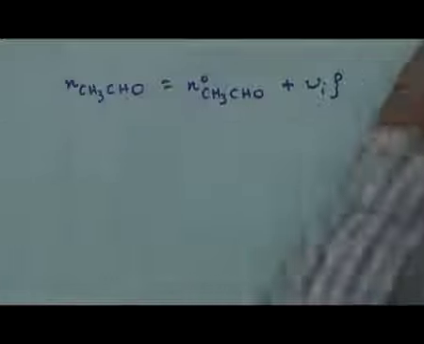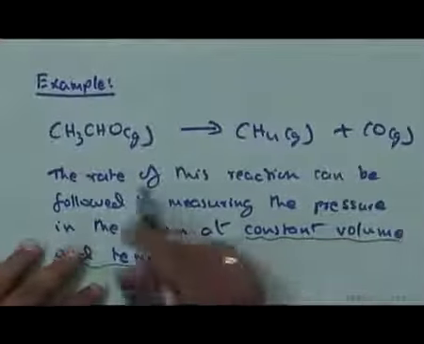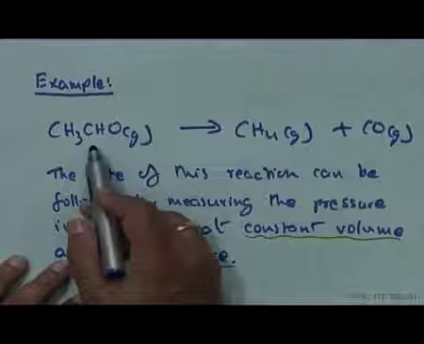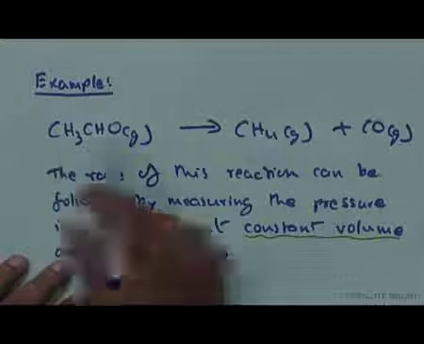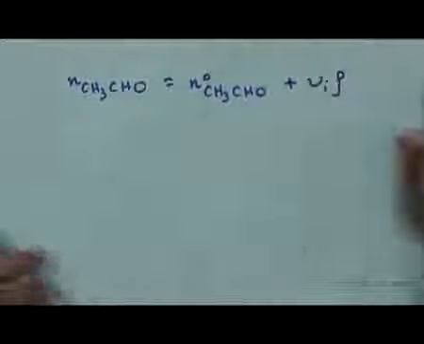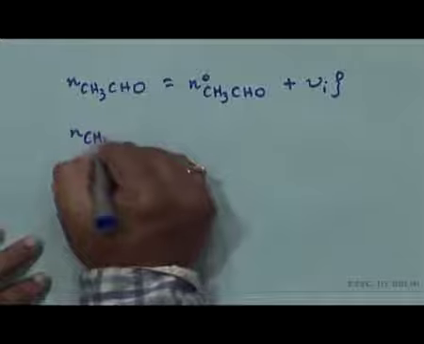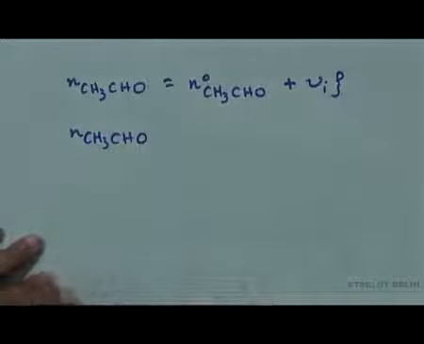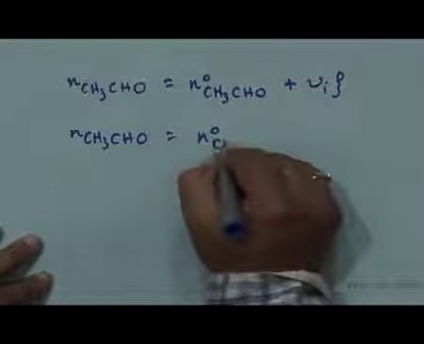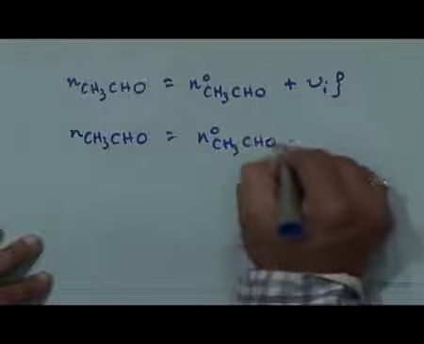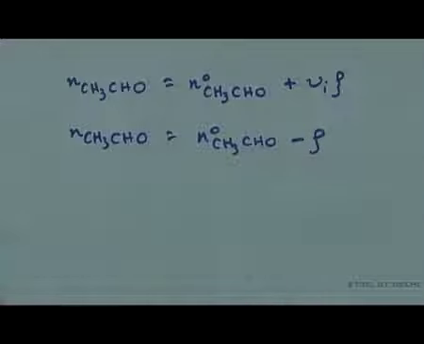The value of nu i you saw from the previous slide or equation is 1, that is, the coefficient is 1. Hence, we rewrite it as N CH3CHO is equal to N naught CH3CHO minus xi.